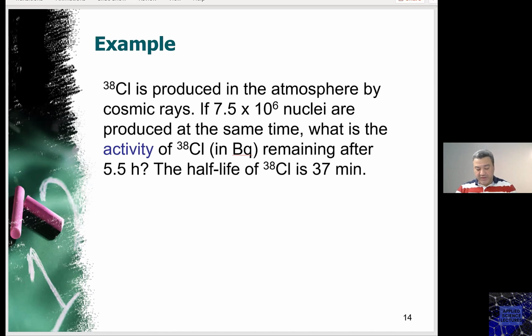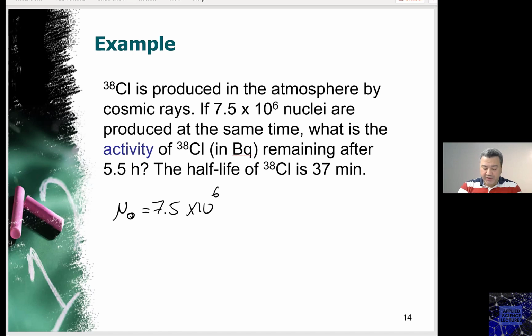Now let's look at this example. In this example, we have nuclei Cl38 produced in the atmosphere by cosmic rays. If 7.5 times 10 to the power 6 nuclei are produced at the same time, so this is my initial nuclei here, 7.5 times 10 to the power 6.